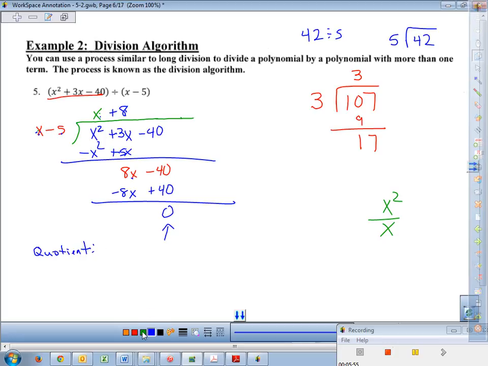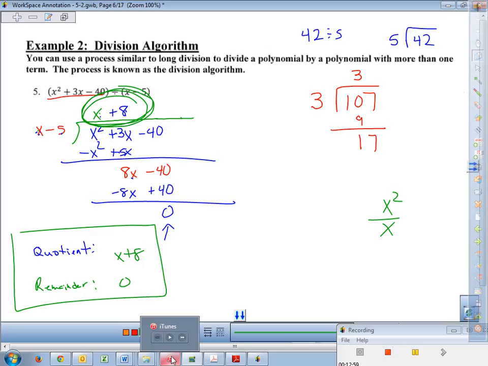The quotient is x plus 8. That's this thing right here. And the remainder, that's this. Then we get 0 in that situation. So that's what we're doing. Long division. That was weird.